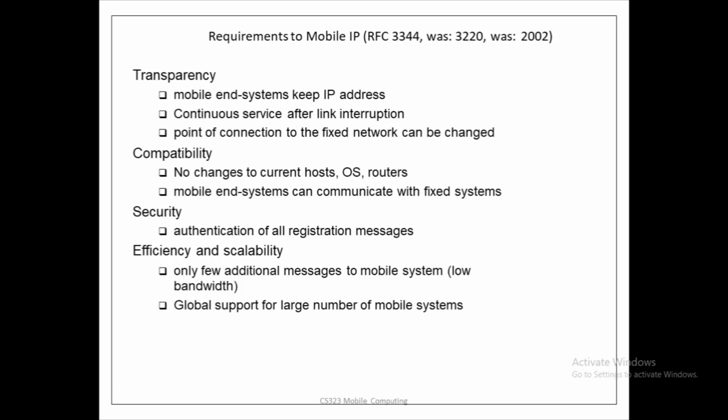Right? Transparency means the mobility should remain invisible for many higher layer protocols and applications, maybe noticing a lower bandwidth and some interruption in service. Higher layers should continue to work even if the mobile computer has changed its point of attachment to the network, right? For TCP, this means that the computer must keep its IP address, right?